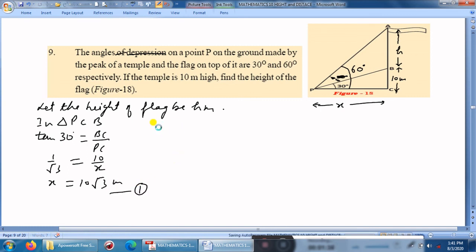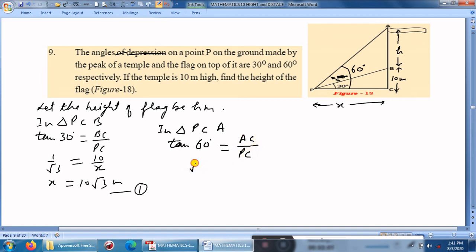Now in triangle, which large triangle? That is the PCA, this one, PC and A. Taking tan 60, tan 60 degree is AC upon PC.